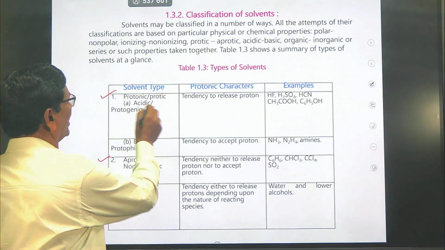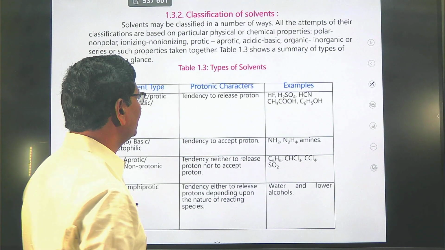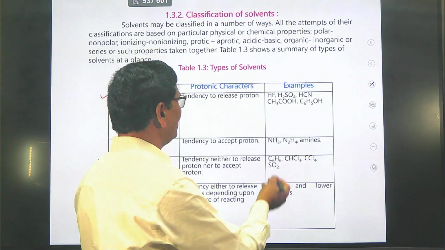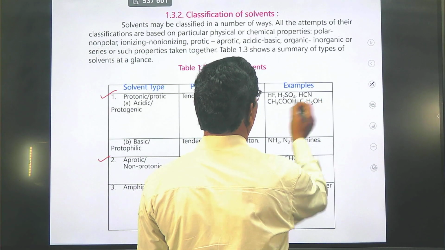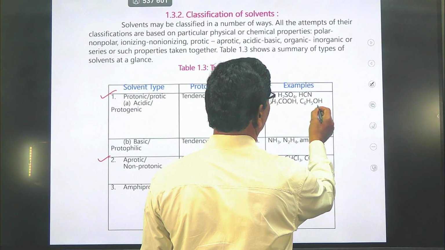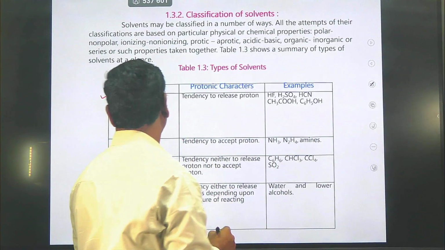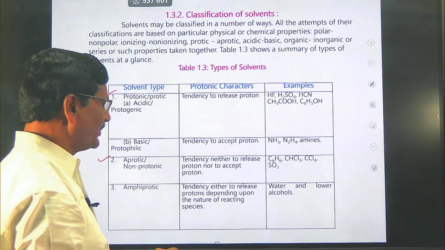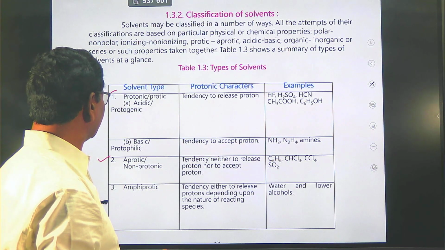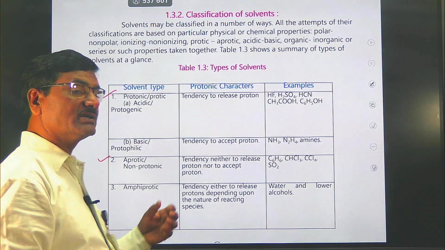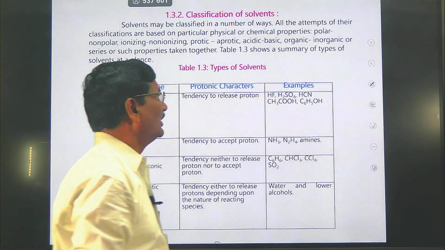A protonic solvent has the tendency to donate a proton, for example HF, H2SO4, HCN, acetic acid, C6H5OH. All these are called protonic solvents. Protonic solvents are acidic, basic, or amphiprotic in nature.